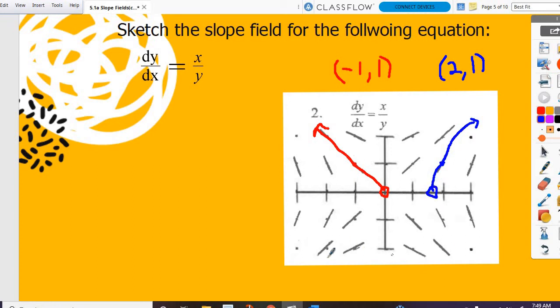Now, if I look at the bottom, notice that if I say I wanted to go through one of the points down here, so notice that over here we have negative slopes, over here we have positive slopes, and then here we would have to have a slope of 0. So hopefully we can see that if I'm below my x-axis, I'm going to have a nicer shape than we did above. It's going to create a parabola-like shape.